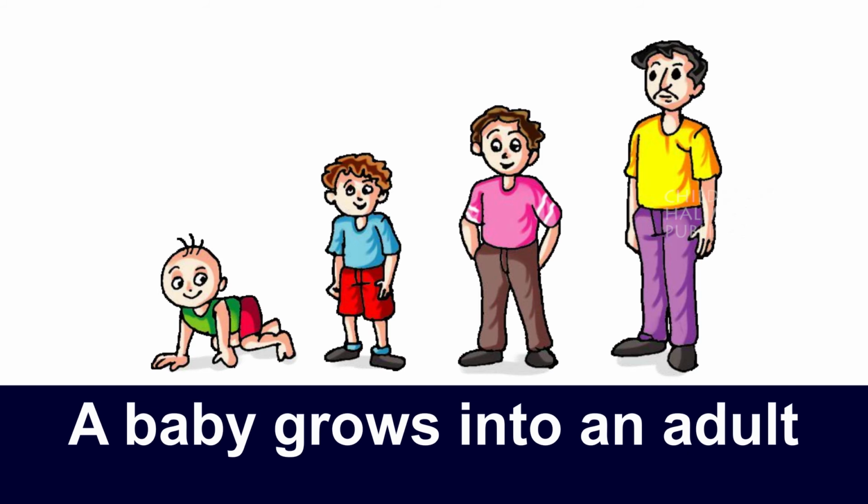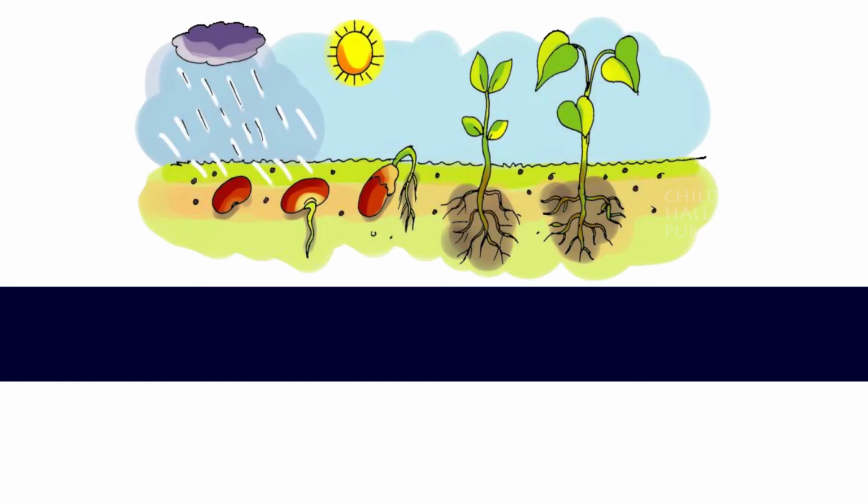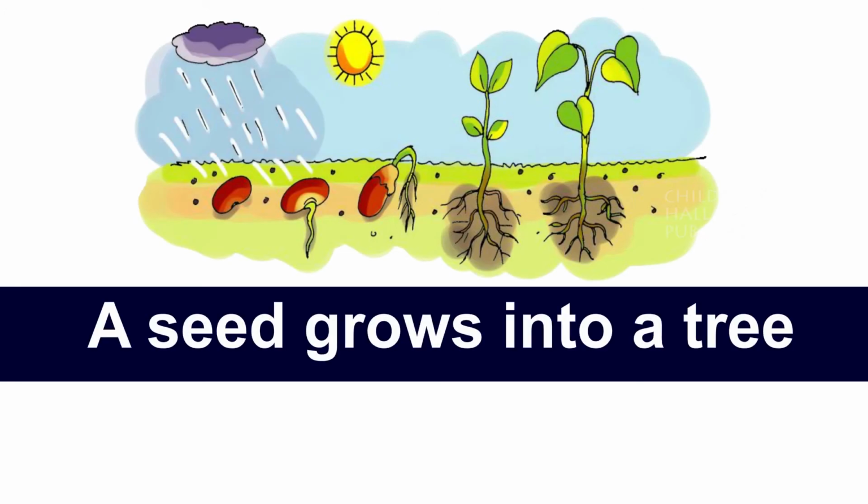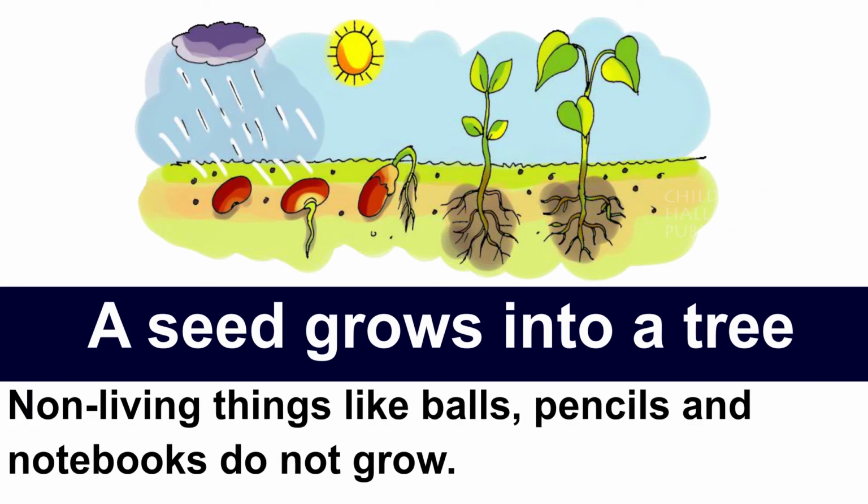A baby grows into an adult. A seed grows into a tree. Non-living things like balls, pencils, and notebooks do not grow.